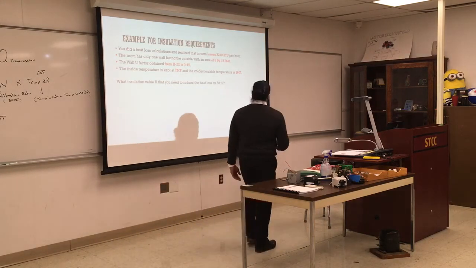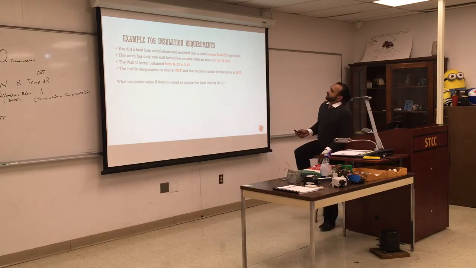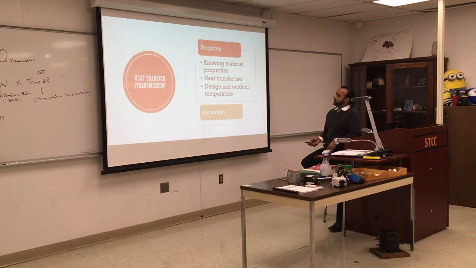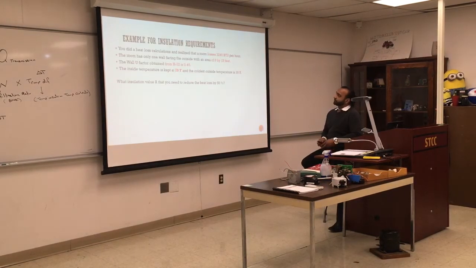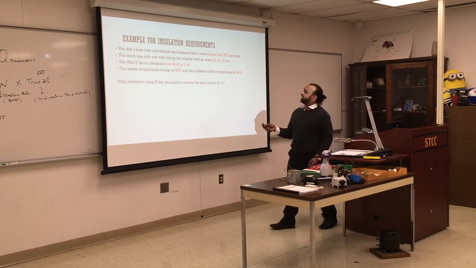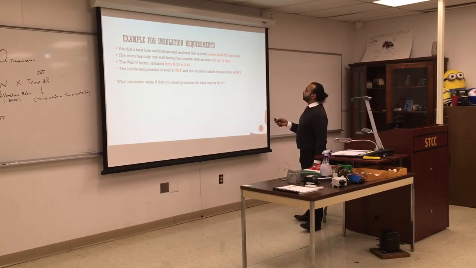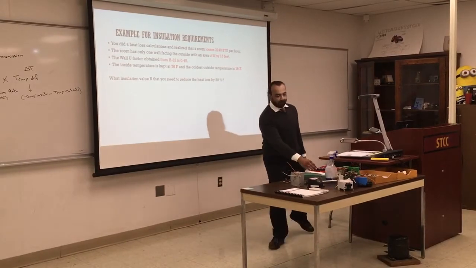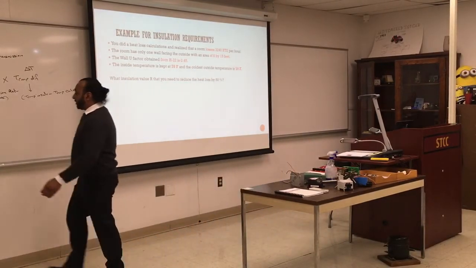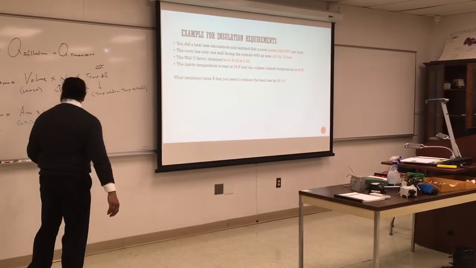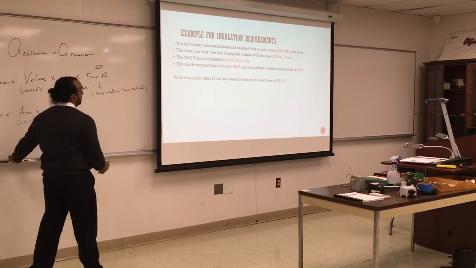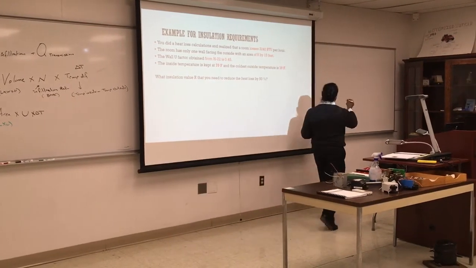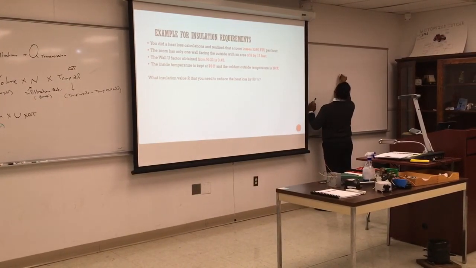Okay, so this is an example for insulation requirement. Let me go back a little bit. So how do we calculate for insulation? You did a heat loss calculation and you realize that the room loses 3,240 BTU per hour. So I'm doing the project, or you're doing your house calculation, and you find this room is losing a lot of heat. Let's do the example here.